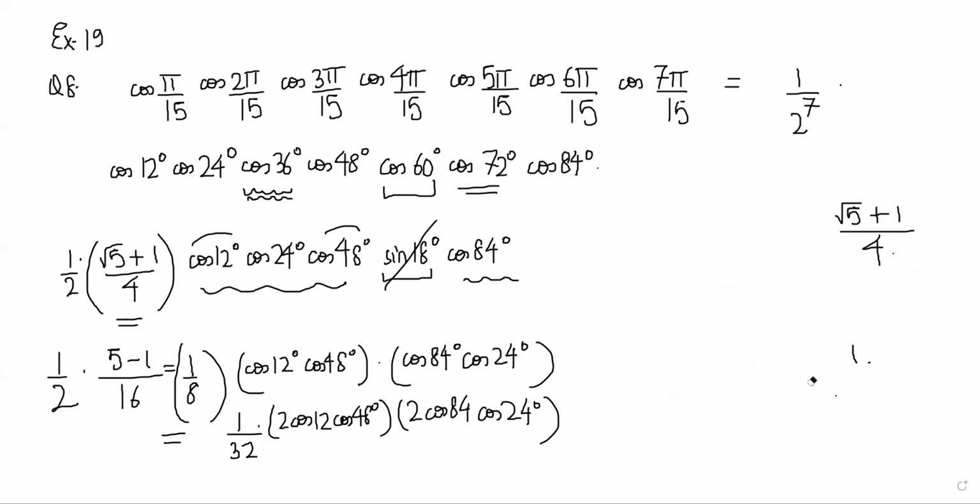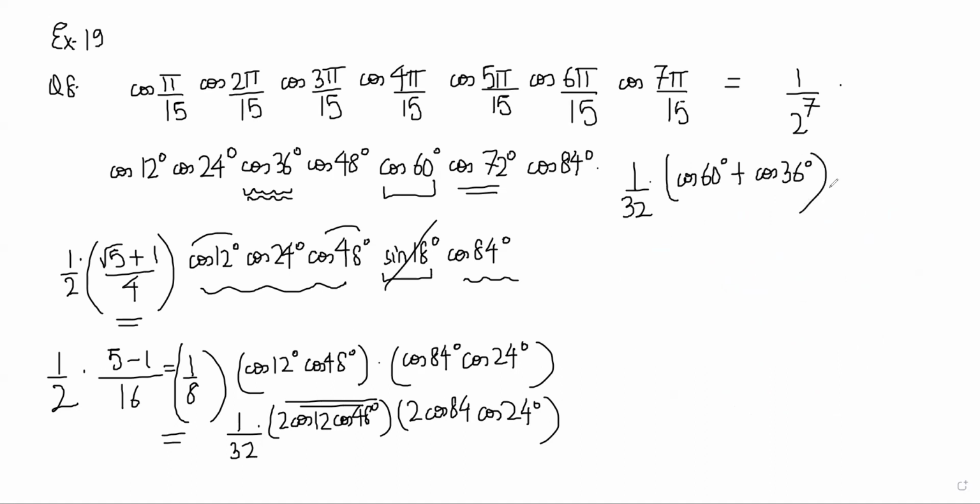And then expand it. 2 cos C cos D would be the sum of cos C plus D and cos C minus D, right? Yes. Both cases we can do that. So it is becoming 1 by 32 times cos of this plus this, so cos of 60 plus cos of C minus D, so cos of 36. The negative sign in 36 doesn't matter because cos is an even function. Cos of minus theta is equal to cos theta, right? Yes.